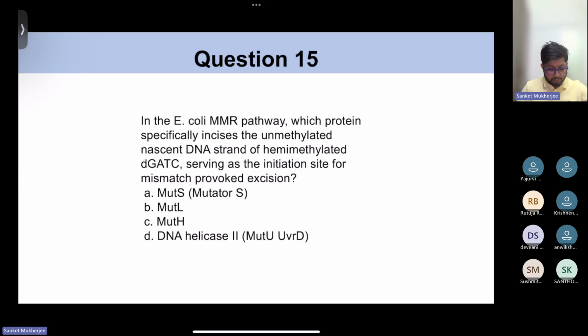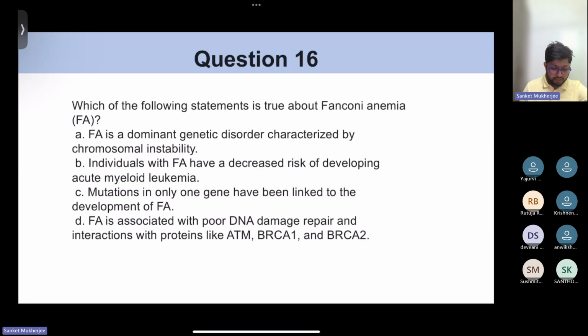Is it MutS, MutL, MutH, or DNA helicase II? The E. coli MMR pathway has been described in detail in the lectures. Anyone would like to answer? Okay, so the answer is MutH, right?